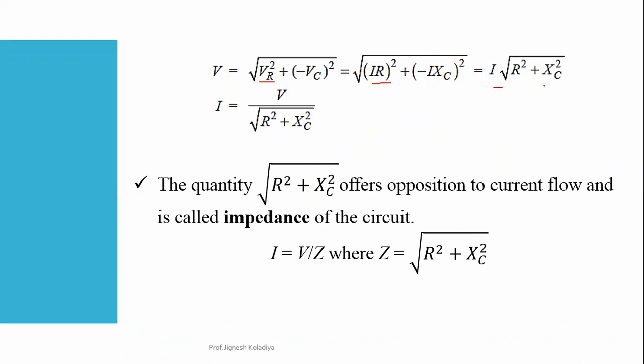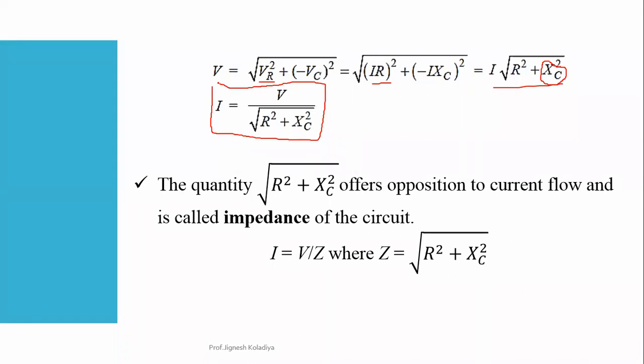So I'm getting this equation. Compare it with the inductive RL series circuit. So the only change is capacitive reactance. So the current equation I'm getting is I is equal to V upon square root of R square plus X square.